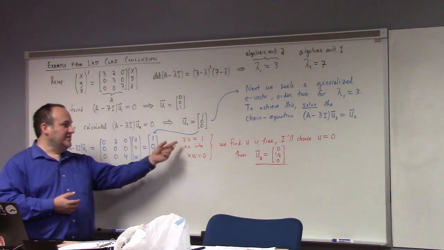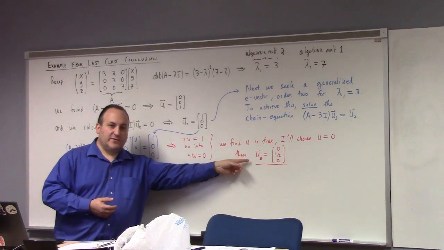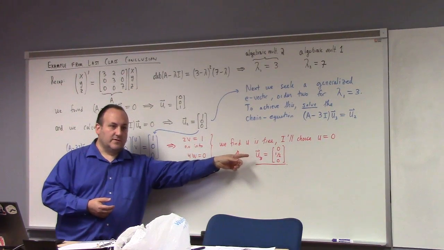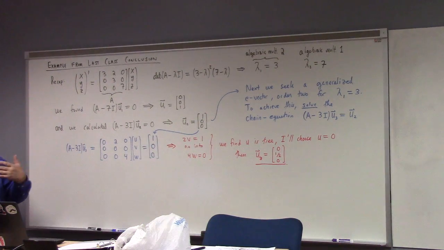Instead of having 2v equal to 1, I would have had 2v equal to 8, and that would have ended up giving me a u3 of (0, 4, 0), right? So there is some ambiguity in how we choose the eigenvector, but once you choose the eigenvector, there's a certain specificity which is forced on you by the chain equation.